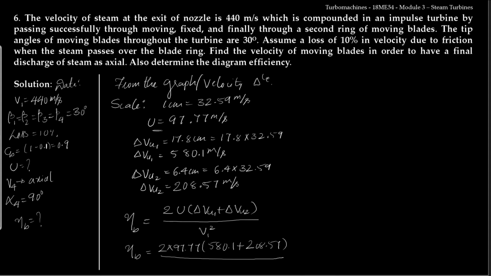V1 is 440 whole squared. So we get the blade efficiency or the diagram efficiency as 0.7966, or it can be written as 79.66%. This is the efficiency of the blade or the diagram efficiency.